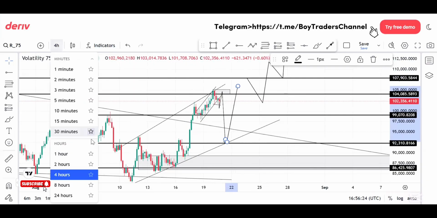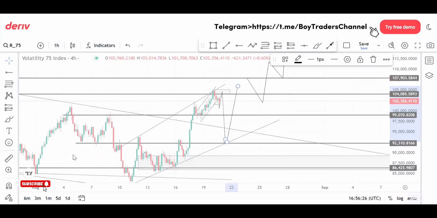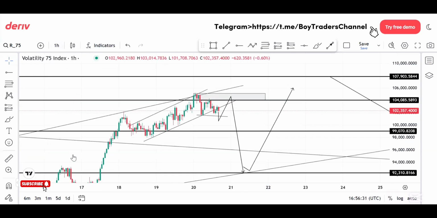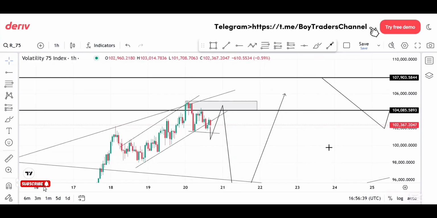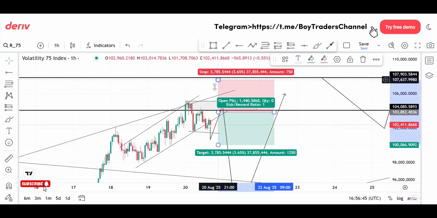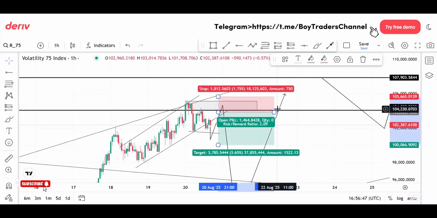So the 1 hour time frame chart looks good. We've been able to spot out an opportunity and entry points for the sells. So if price can retrace to this zone, testing this area, I'll be selling this index from here, getting my entries at the top of this base, stop loss above the base, something of this kind.